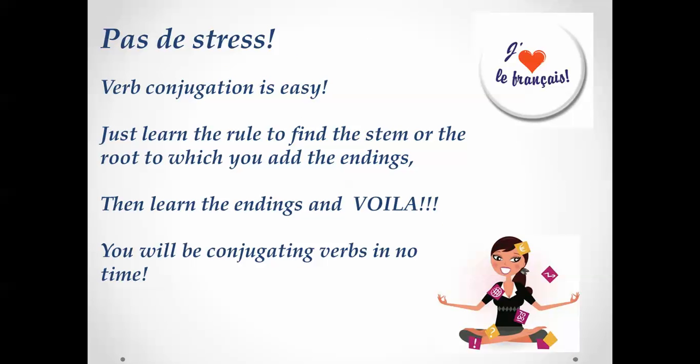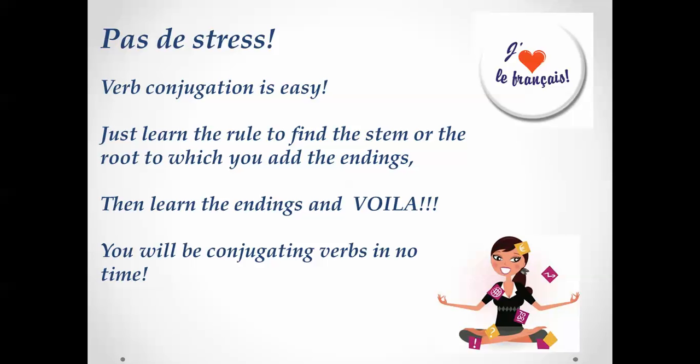Okay, guys, the word conjugation, I think, brings a lot of stress and anxiety to students. But basically, conjugation means just take the verb and put it in the form that matches the subject, okay? So, pas de stress, no stress. And with regular ER, IR, and RE verbs, it's really very, very simple.